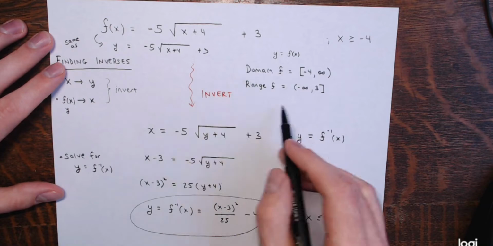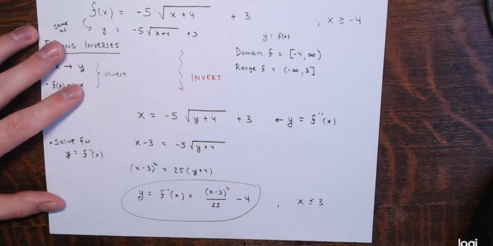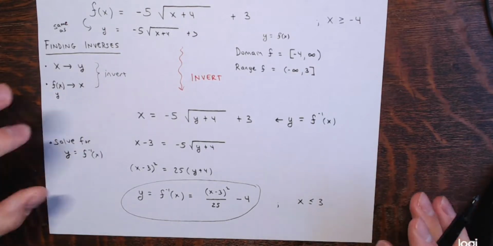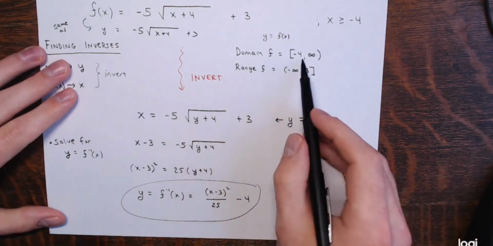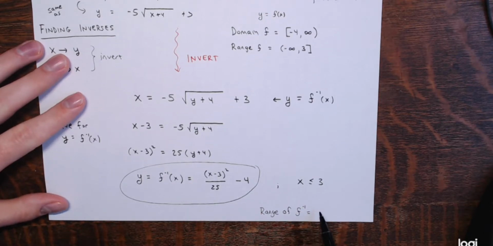And that tells me what the domain and range of the inverse function is going to be. Again, I stated all this in 3.7 part 1. Remember, the domain of f is going to be the range of f inverse. So the range, the y values that you'll see in the graph of f inverse, are from negative 4 to infinity.